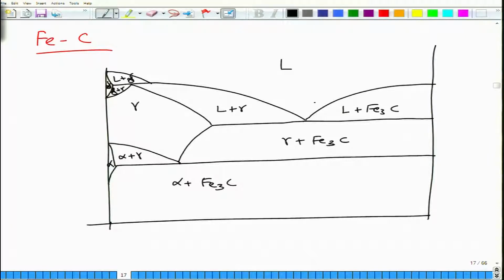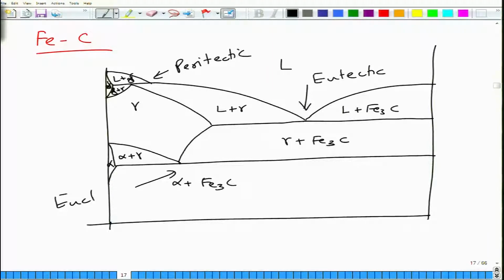So you can see that this is eutectic, this is peritectic, and this is eutectoid. So this is the iron carbon system.